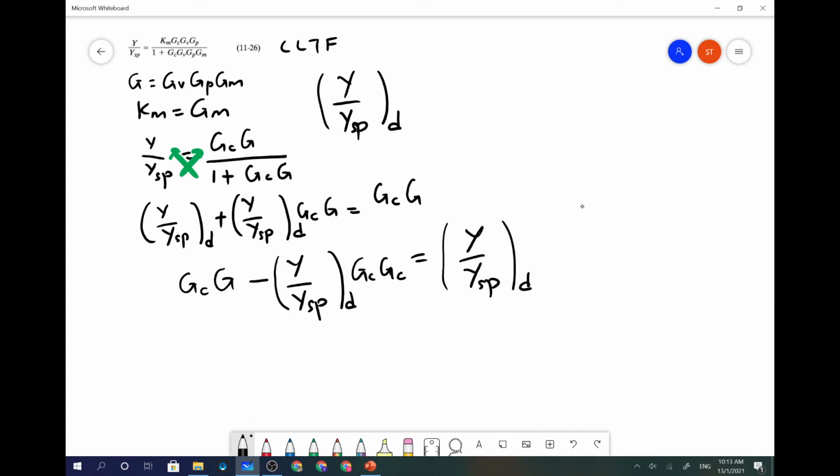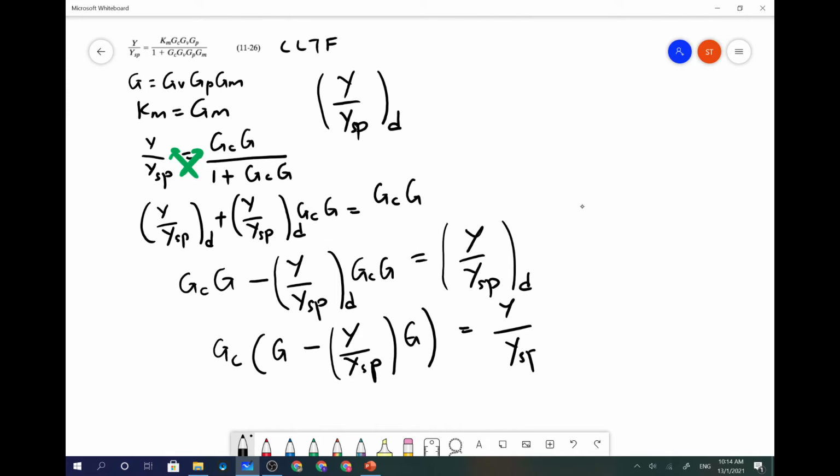So this is only G, sorry, this is only G. So we factorize G. G minus Y over Y sp d G equal to Y over Y sp d.